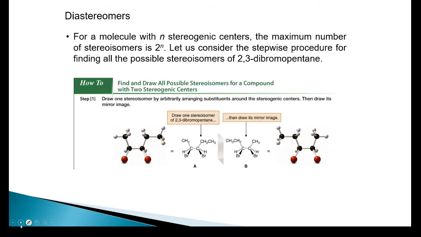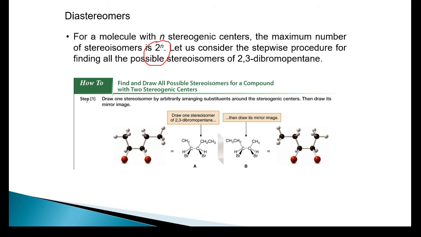All right, so depending on how many stereogenic centers I have will determine how many stereoisomers I have. The formula is 2 to the n, where n is the number of stereogenic centers. So if I have one stereogenic center, I have 2 stereoisomers, which will end up being enantiomers of one another.